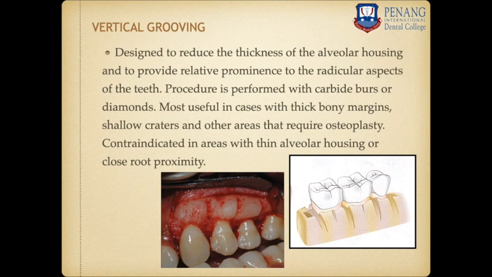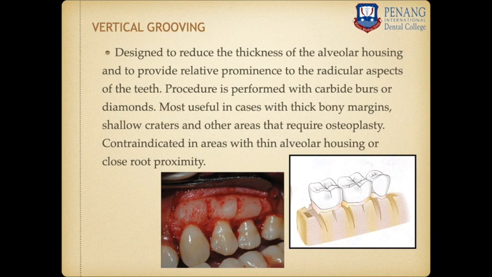The procedure is performed with a carbide burr or a diamond burr, most useful in cases with thick bony margins or shallow crevices and other areas that require osteoplasty. It is contraindicated in areas with thin alveolar housing or close root proximity. So if there is a thin alveolar housing, we will not perform vertical grooving and radicular blending.